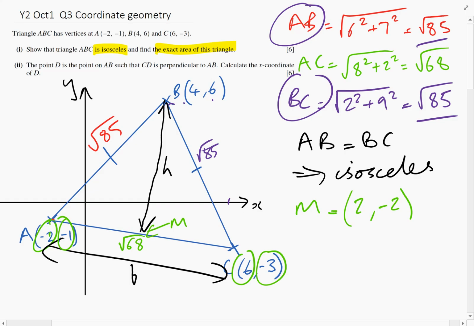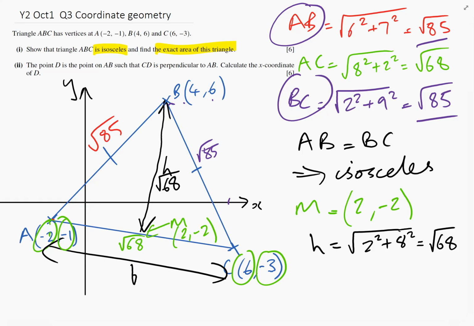So the midpoint is 2, -2, and so the distance B to M, which is H, we're going across 2, so it's 2 squared, and we're going down 8, plus 8 squared, and so that is root 68. So H is root 68, so that's the same as A to C.